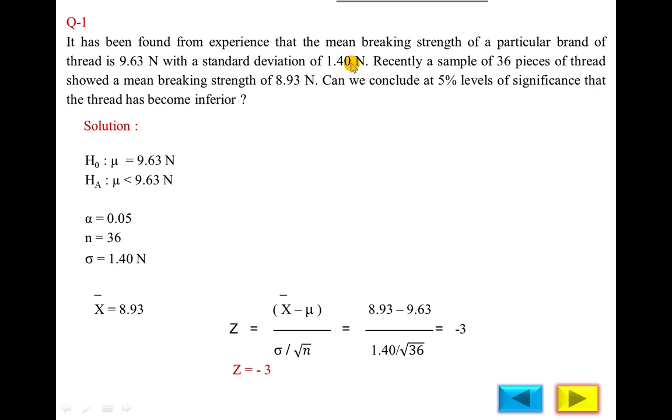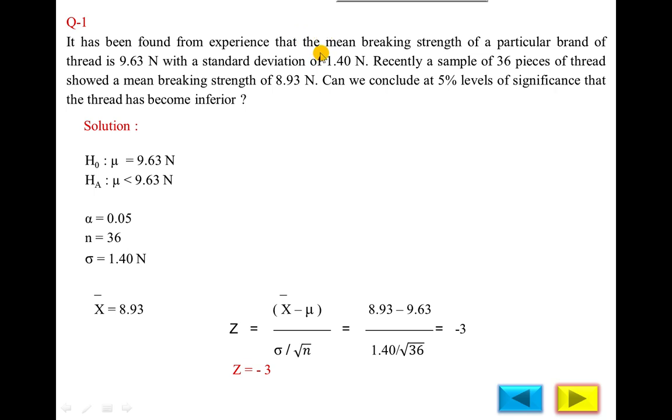Because this is the population standard deviation, since it has been found from experience, indicating large, previous data obtained on the basis of research. So this is sigma and this is mu. We write the value of mu with the null hypothesis: mu is equal to mu naught, 9.63. You know that the values of the null and alternate are the same, but the notations are different.